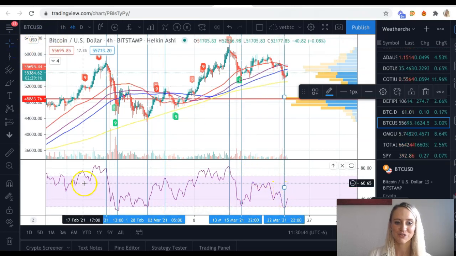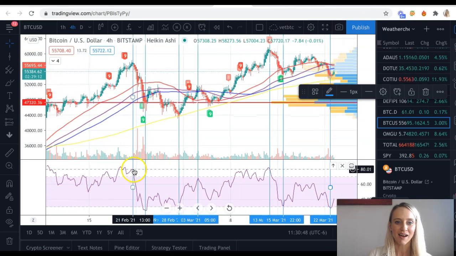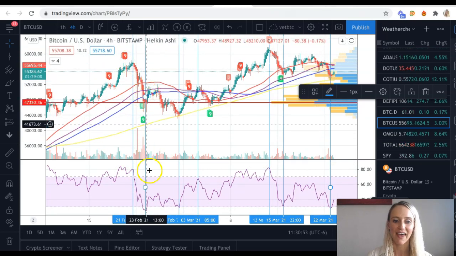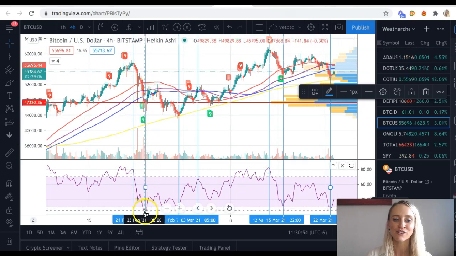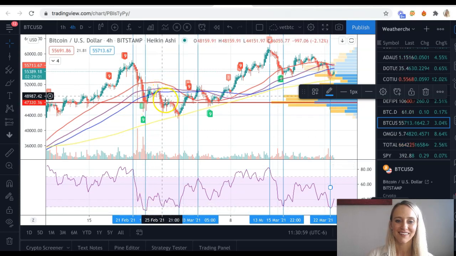All right, so as you see, I drew in the lines here when it was overbought. Typically if you sell at overbought, you would have missed this down move. And then if you would have bought back in at the oversold levels, you would have made some profits here.